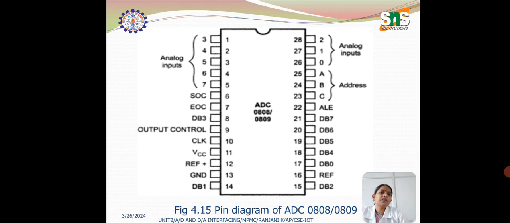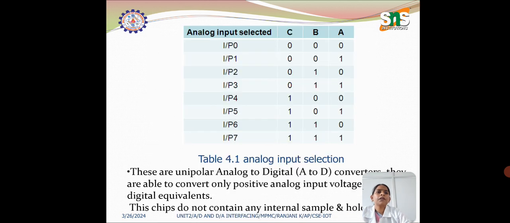DB0 to DB7 are the data lines, A, B, C are the address lines, and IN0 to IN7 are the analog inputs. Pins are also provided for the start of conversion SOC and EOC. In this table, we see the analog input selection. If ABC is equal to 000, the input selected is IN0, and so on until IN7. So this is the analog input selection.